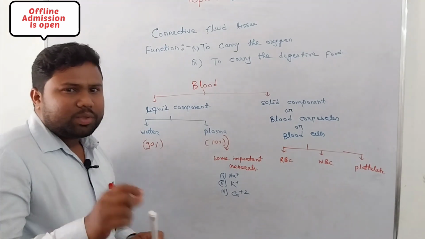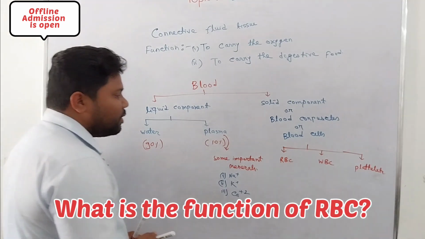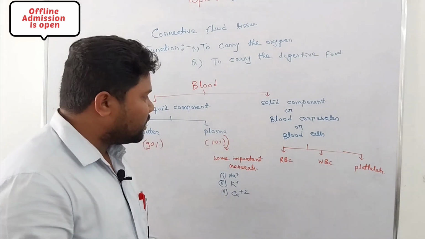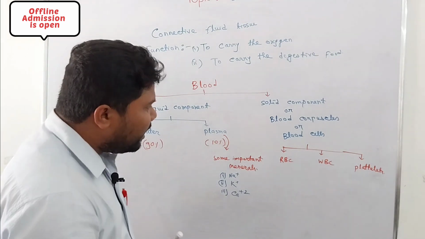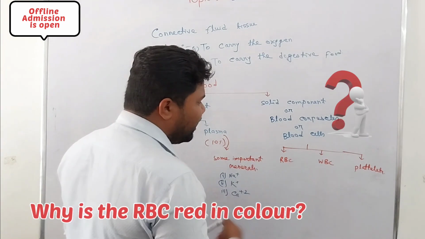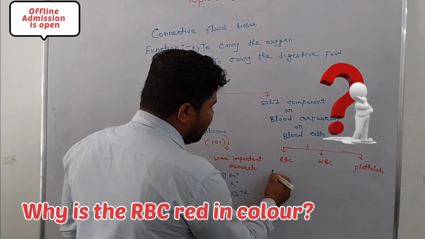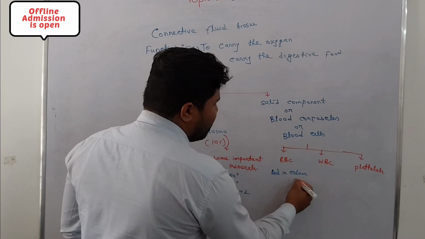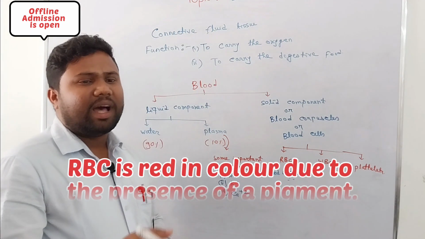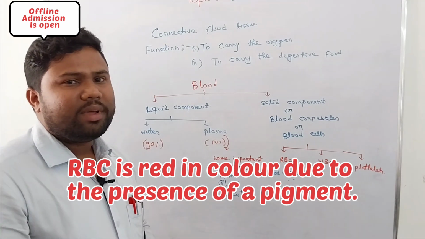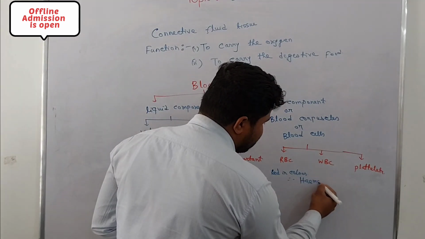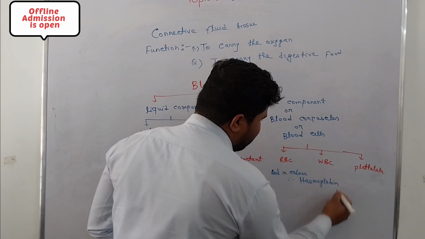But the question is, what are the functions of the RBC? In order to know the function of the RBC, first let's discuss why the RBC is red in color. RBC is red in color due to the presence of a pigment, that is hemoglobin.